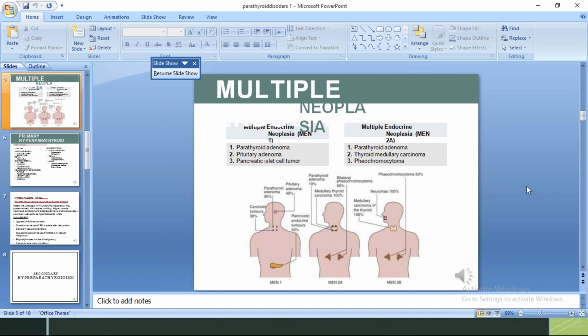MEN2A is also known as Sipple syndrome. Whereas in MEN2B, medullary carcinoma will be 100%, and there will be neuromas and pheochromocytoma. So mainly MEN1 and MEN2A are associated with hyperparathyroidism.